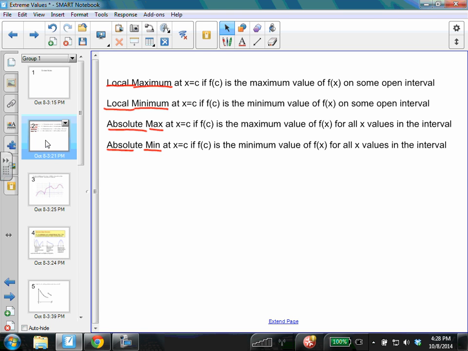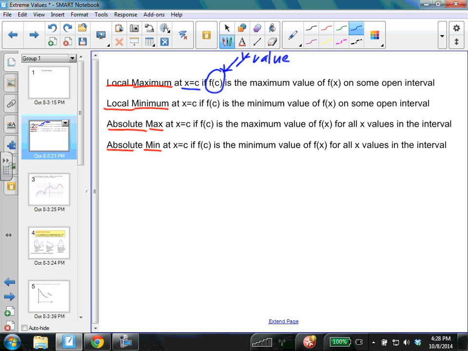So if you'll just follow along with me in these definitions, it says you have a local maximum at some point x, some value x, where x is equal to c, if f of c, and this is the thing that I want to emphasize, that is a y value. That f of c right there is a y value. So you have a local maximum at some x value if the y value is the maximum value of y values on some open interval.